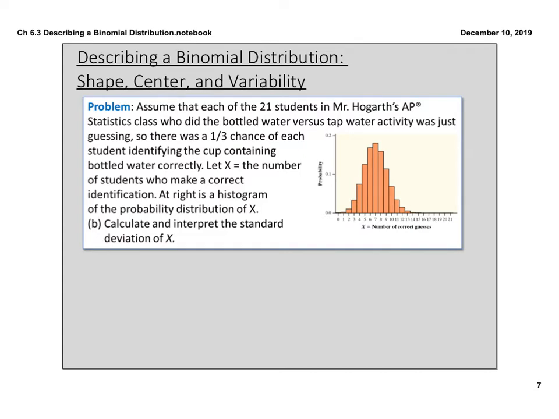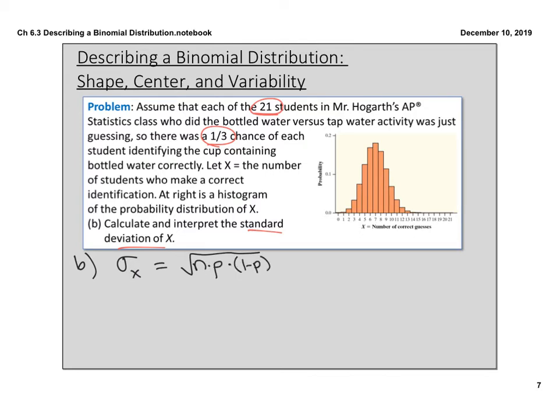All right, so now let's talk about the standard deviation. We're looking at the same example, same histogram, the same probabilities and the same number of students, but this time we're looking at the standard deviation. The standard deviation of X is going to equal the square root of n times p times 1 minus p.